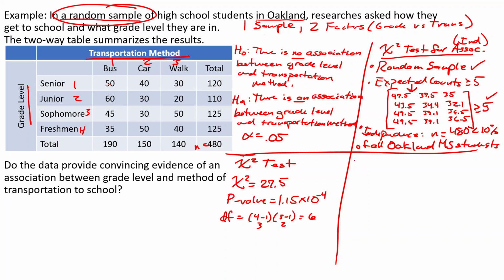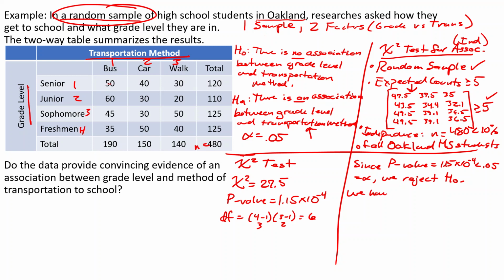Aha, I remembered. All right, so now since our p-value is minuscule, equals 1.15 times 10 to the negative fourth, is less than 0.05, which is our alpha, we reject. Our p is low. That means we have significant evidence for the alternative.